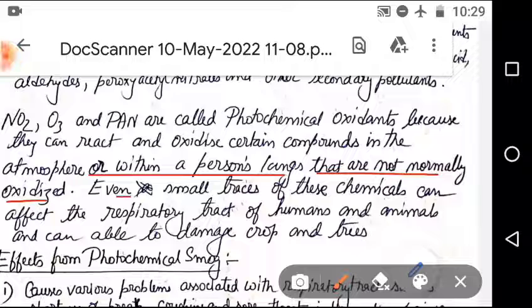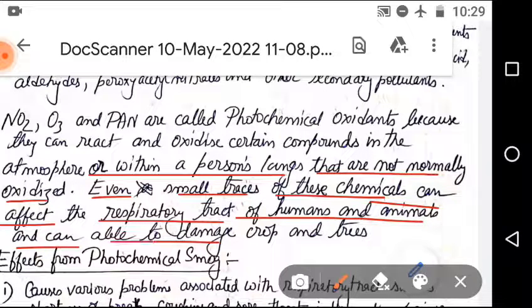Even small traces of these chemicals can affect the respiratory tract of humans and animals and damage crops and trees. So this nitrogen dioxide, this ozone formed as a result of photochemical smog formation, and peroxyacetyl nitrate are also called photochemical oxidants, or photochemical oxidizing pollutants, because they can react with organic and inorganic compounds and oxidize certain compounds in the atmosphere.